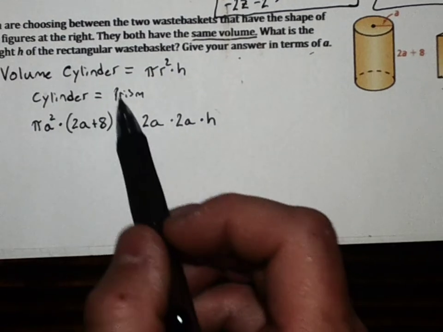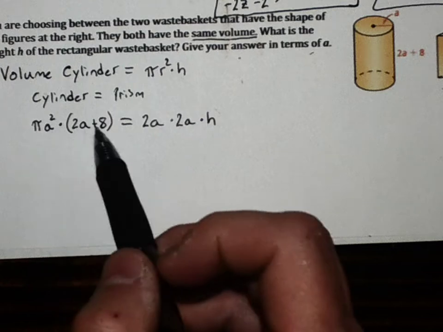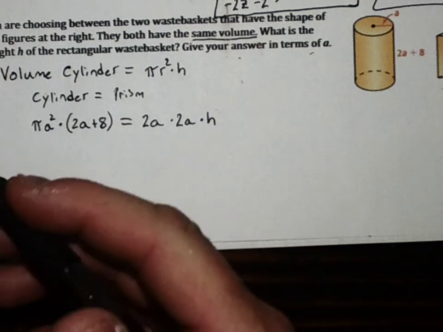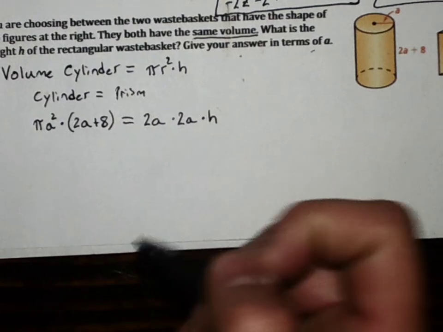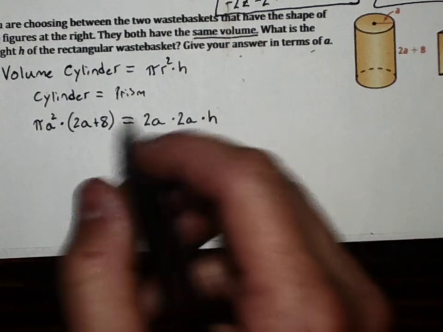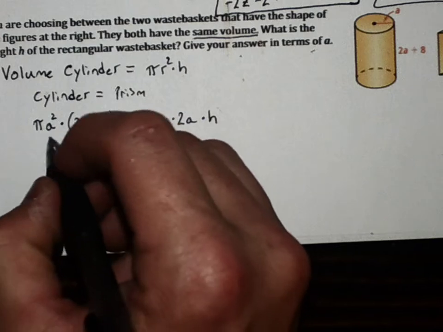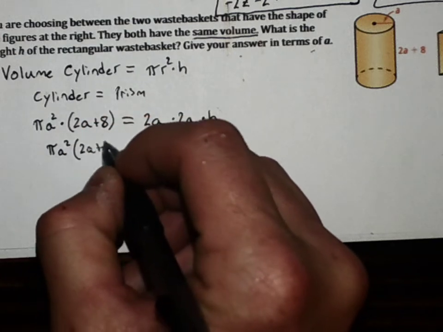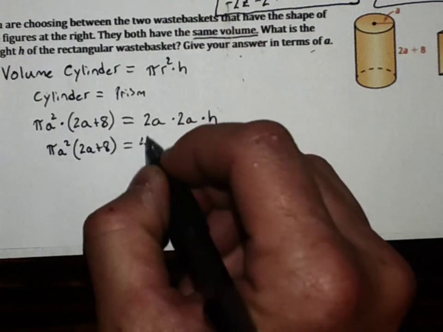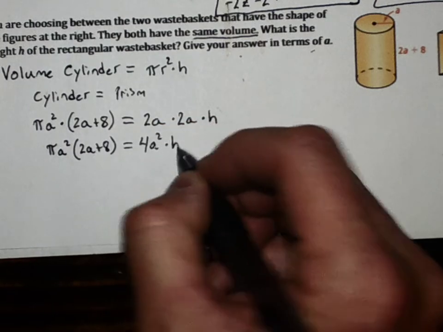So don't worry about distributing this. It's already factored. We're going to get a rational that you want to factor, so don't distribute that out. 2a times 2a is 4a squared. So I have pi a squared outside of 2a plus 8 is equal to 4a squared times h.